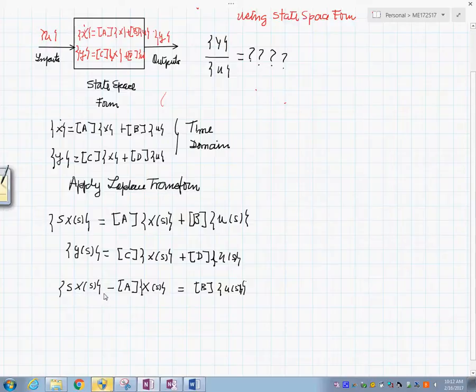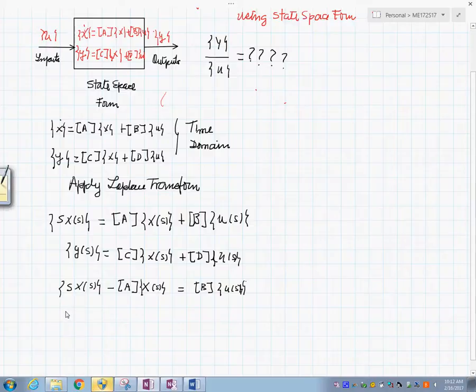To be able to do this, we have to put it into matrix form. Because this is a vector here, to add to this we'll have to multiply by the identity matrix.